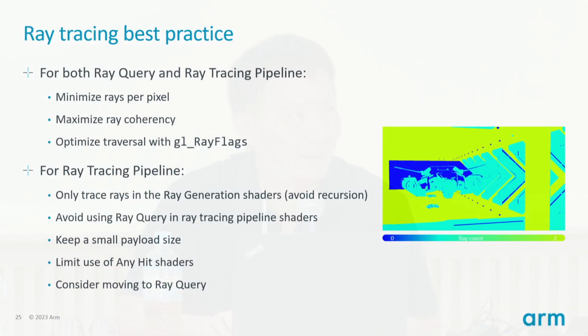On slide 25, you suggested to move to ray query instead of ray tracing pipeline. I'm mostly an expert with desktop, but I've read a lot of best practice, also ARM best practice and the Vulkan documentation.